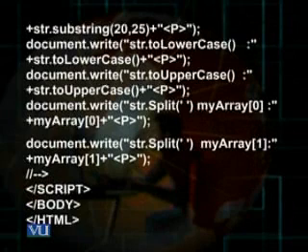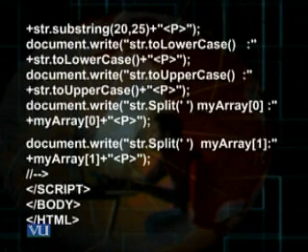Then there is the concatenation mark, then again a paragraph tag which would provide a line break, a line space. Then subsequently again a document dot write string dot to uppercase. Now I use a different function, to uppercase. The application of this function to uppercase is that it would convert my string into uppercase automatically.